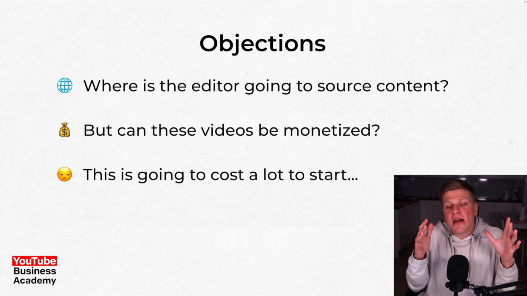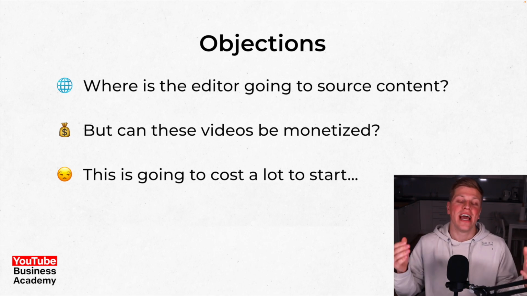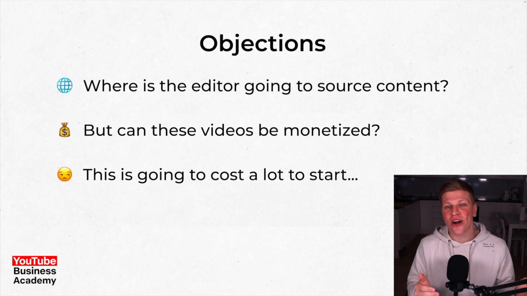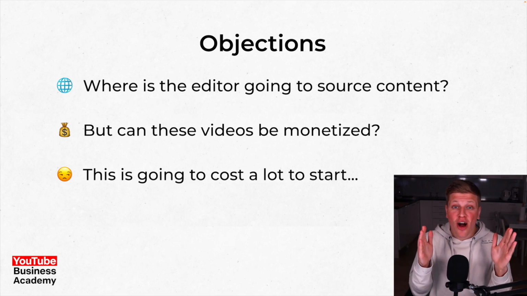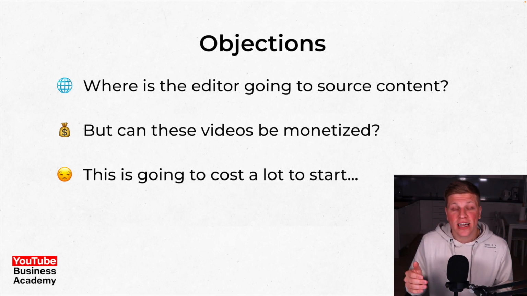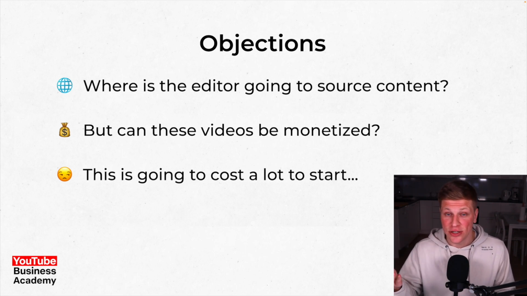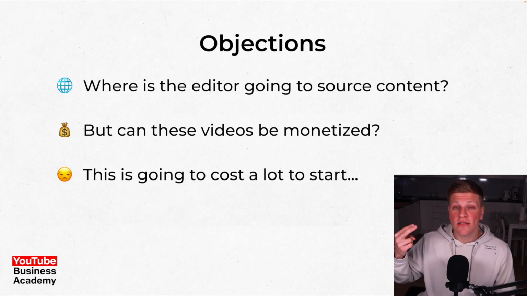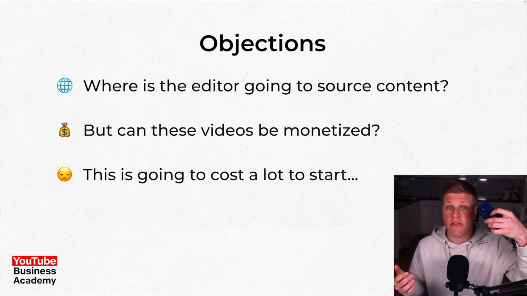And then lastly, you might be saying, oh, well, this is going to cost a lot to start. And like I said before, this costs anywhere from $2 to $4 per one YouTube Short because they are short. So you really can get the script done with ChatGPT. Second of all, you can get the voiceover done yourself if you have a computer and a microphone, or maybe you have a phone.